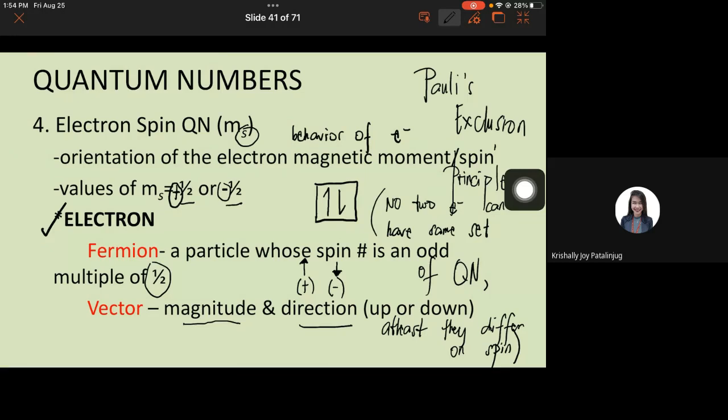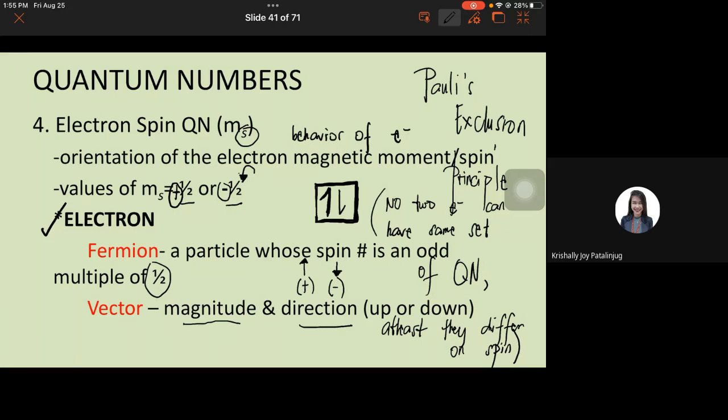That is why, by practice, when I illustrate electrons occupying a particular orbital, this is how I write it. Only a half-headed arrow. That is for me to recall that the value of the electron spin is one half.